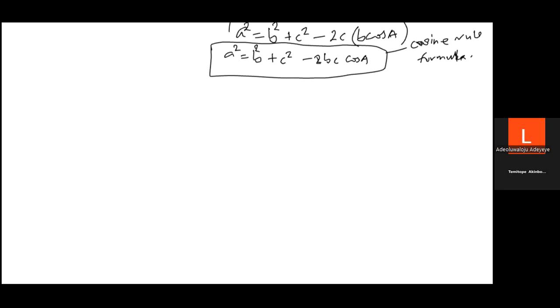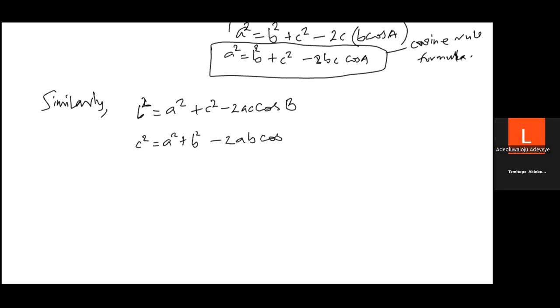So let me just say, similarly, I can have B squared equals A squared plus C squared minus 2AC cos B, and C squared equals A squared plus B squared minus 2AB cos C.